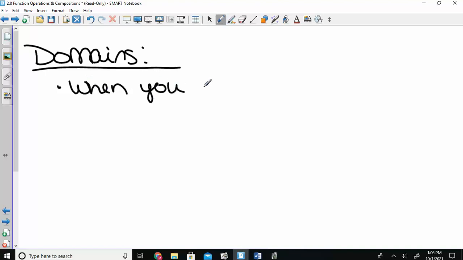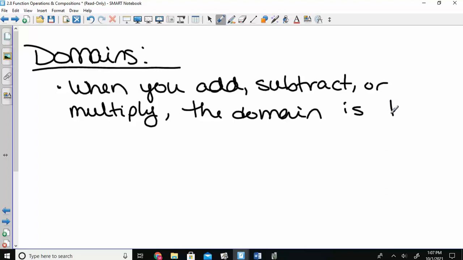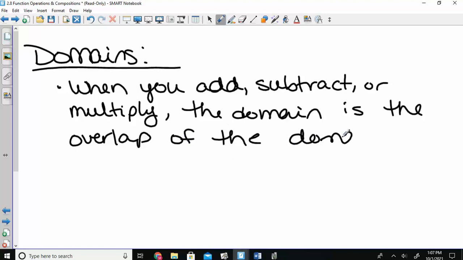When you add, subtract, or multiply, the domain is the overlap of the domains of the original functions.